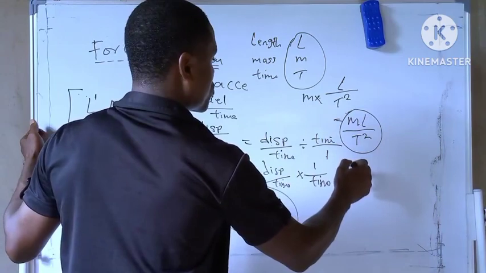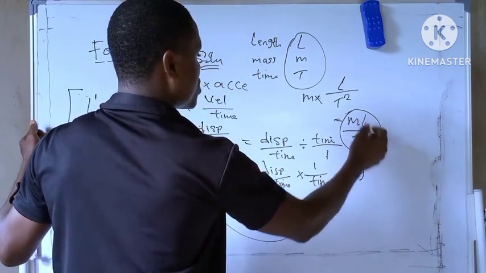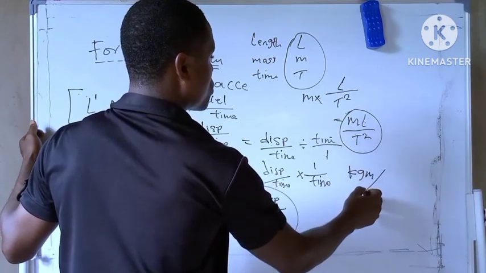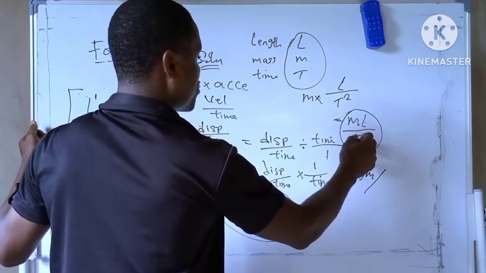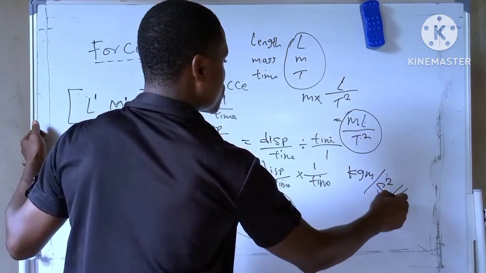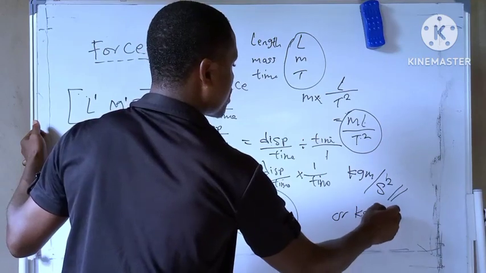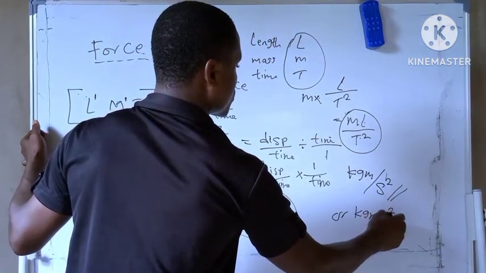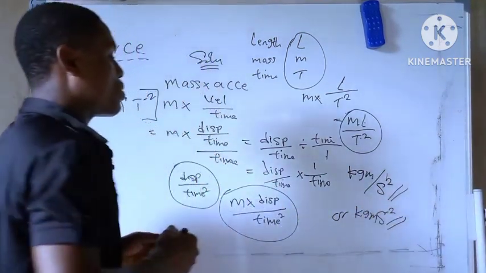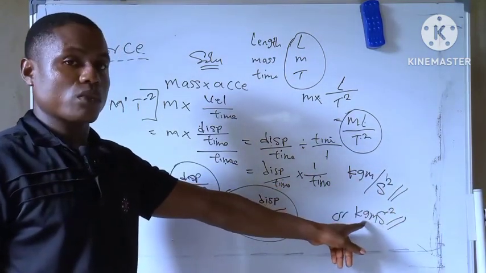So the unit of mass is kilogram. This is length. The unit of length is meter. So per. While the unit of time is second. So we have square, write it down. Or kilogram, meter, second, raised to minus 2. So these are the two units. You can either write it this way or this way.